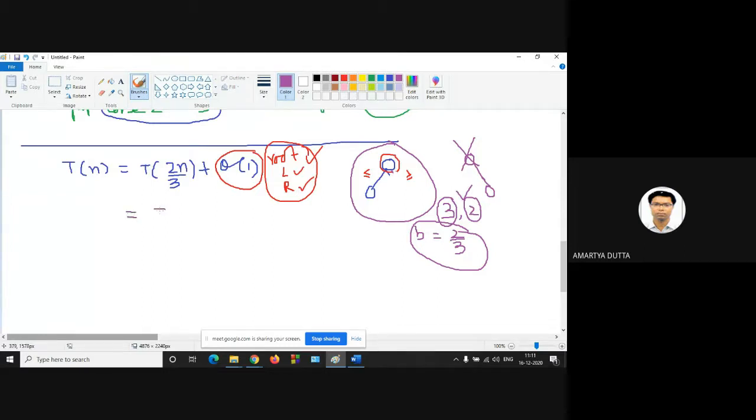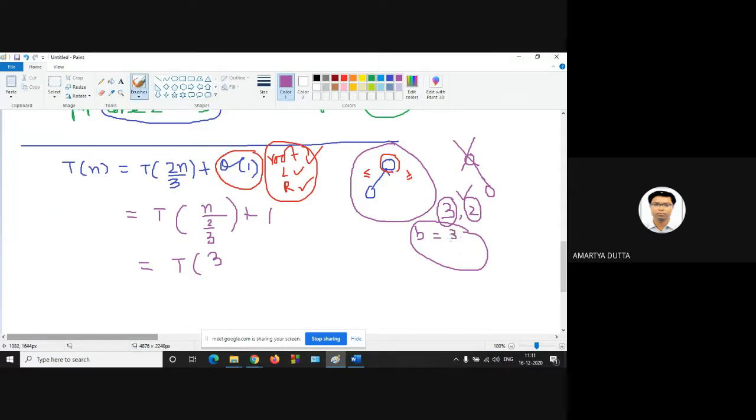So T of n by B. So n by B means 2 by 3. Sorry, 2 by B is equal to among 3.